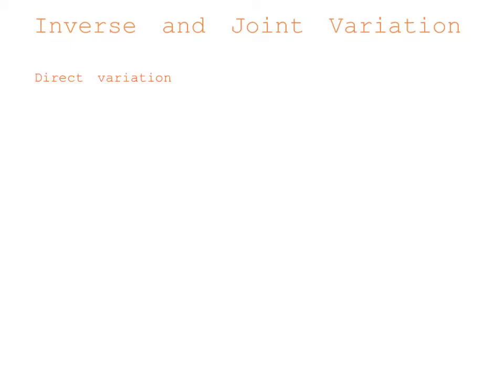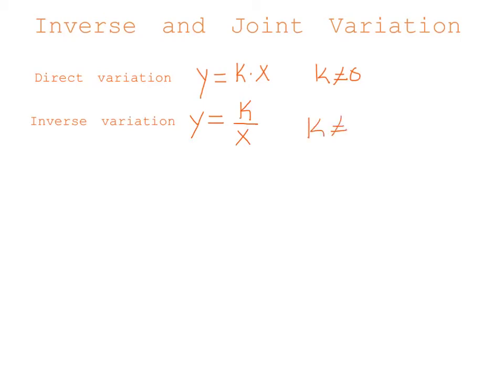Direct variation is in the format of y equals some constant k times x, where k is not 0. Inverse variation is going to be in the format y equals some constant k divided by x, where neither k nor x could be 0.